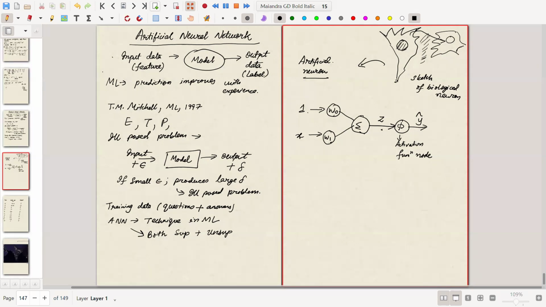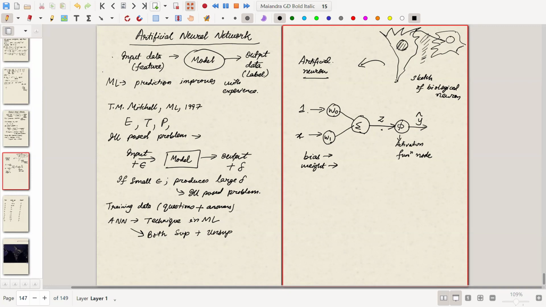So usually a few more terms: bias and weight. Which one will you call bias, which one will you call weight? Do you know? Bias is something which is multiplied with a constant input.